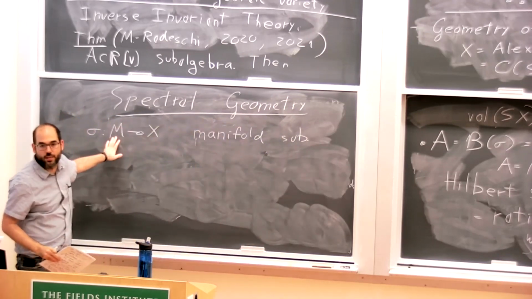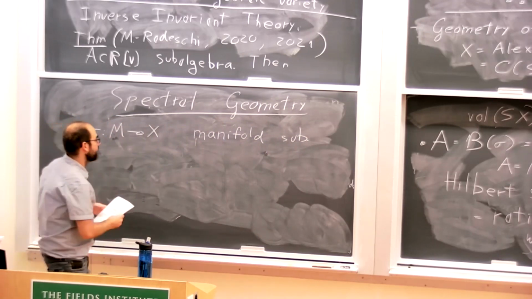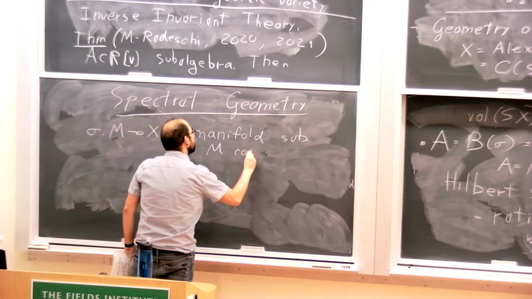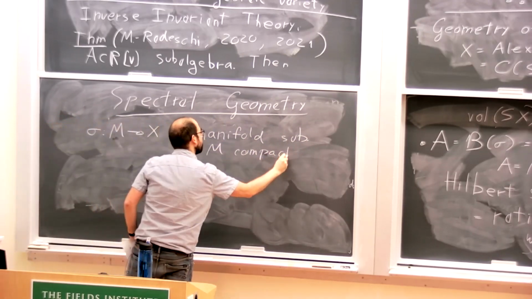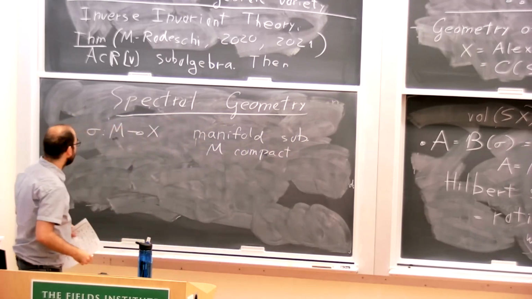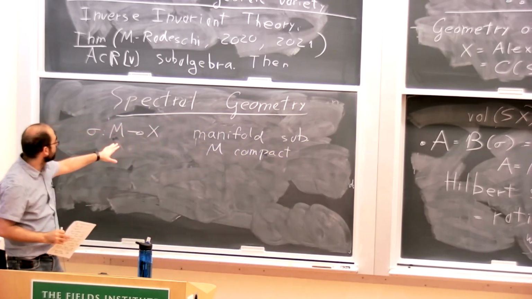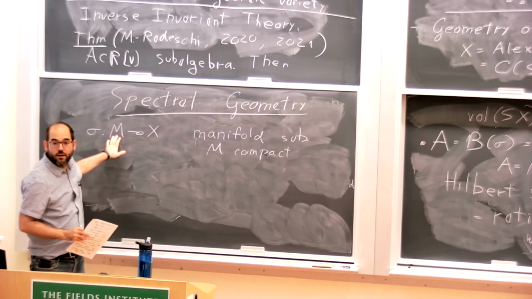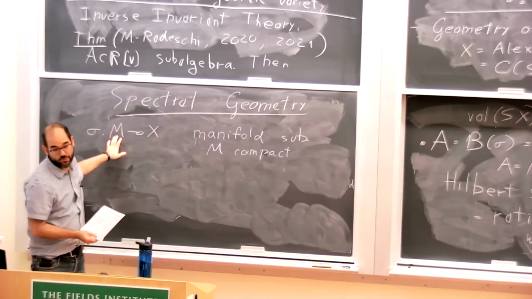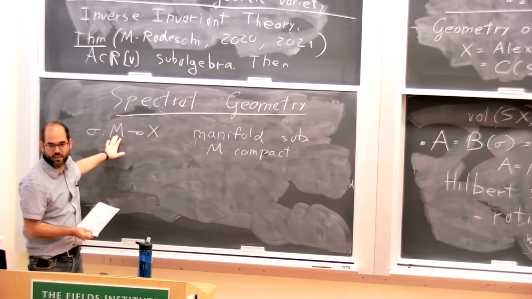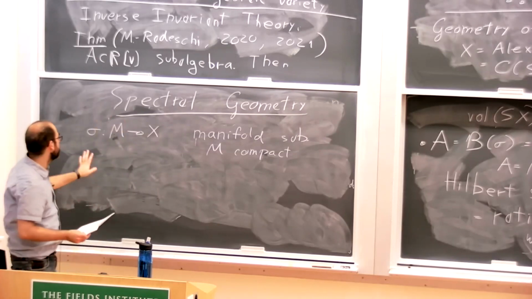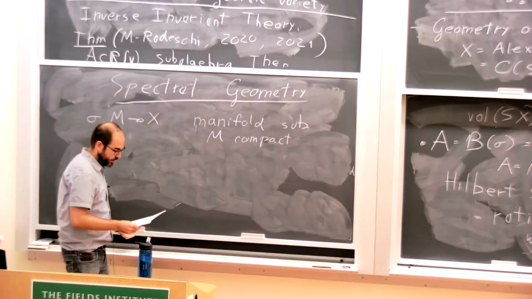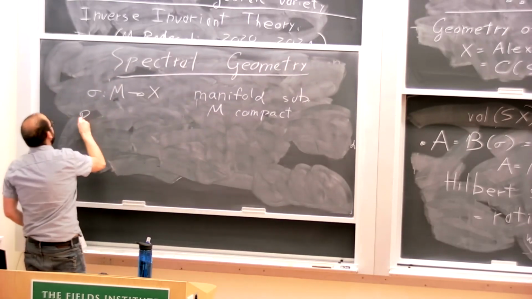I'm not in an infinitesimal case anymore. And actually we also need one more condition, which is that the mean curvature vector of the fibers is basic. It doesn't change when you move along the fiber. That's a technical condition. Maybe I won't write it here. And then you can look at the basic spectrum.